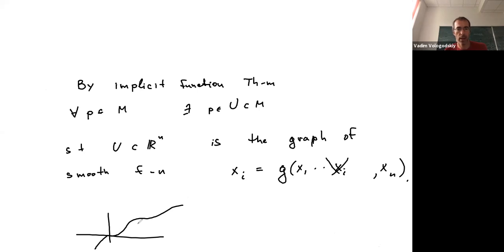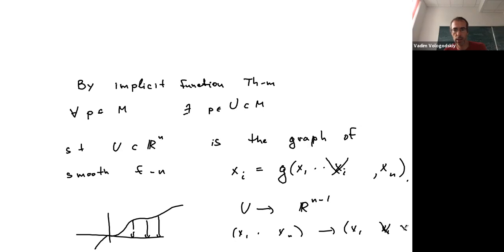And then you can consider a projection from this U to an open subset in Rn minus 1, sending (x1, ..., xn) to (x1, ..., x(i-1), x(i+1), ..., xn).